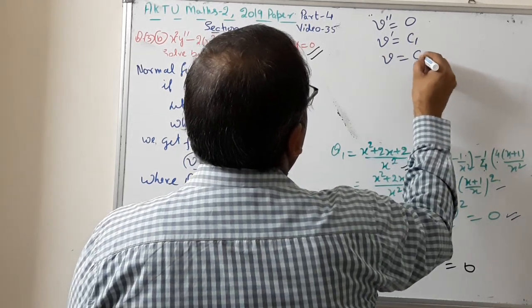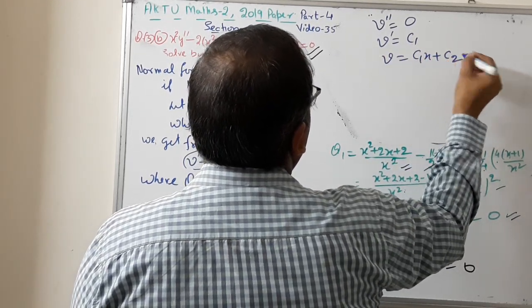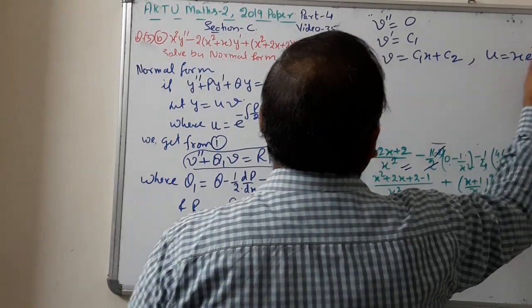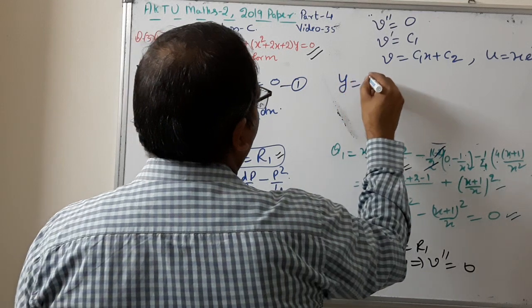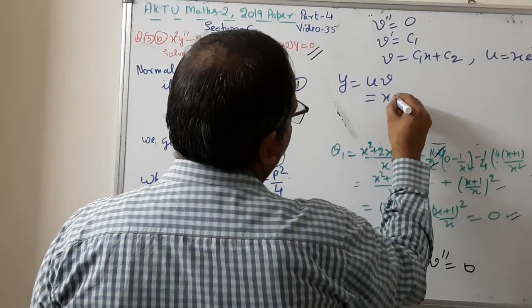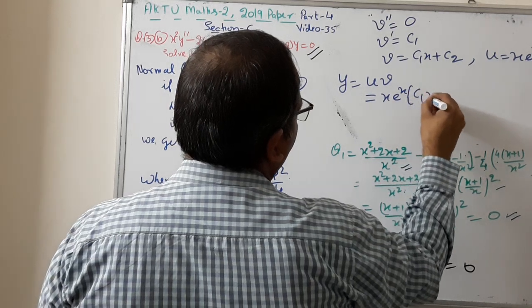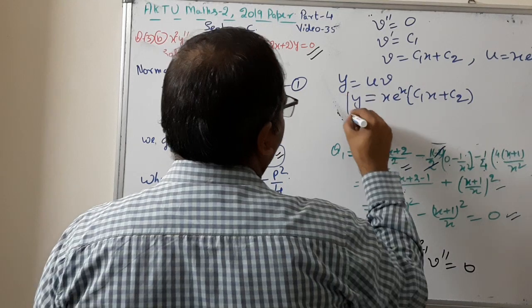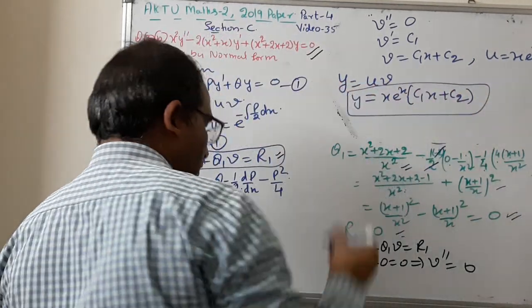So v is equal to c1 x plus c2. And we already found out that u is equal to x e to the power x. The final answer y equal to u into v, that is x e to the power x into (c1 x plus c2). This is the final answer of this question, right?